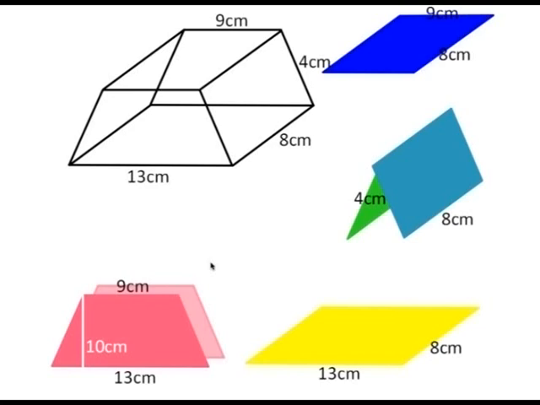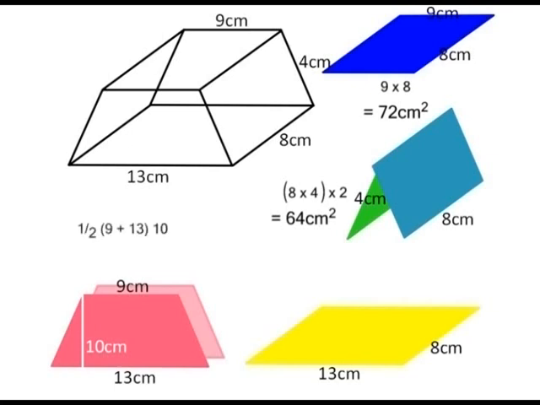Okay, now we calculate the areas. This blue rectangle, 8 times 9 is 72 square centimeters. This is 4 times 8 and there are two of them, gives us 64 square centimeters. The trapezia area is a half a plus b times height.